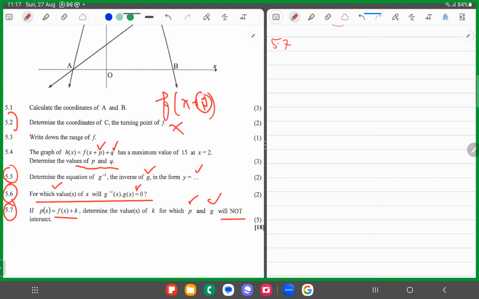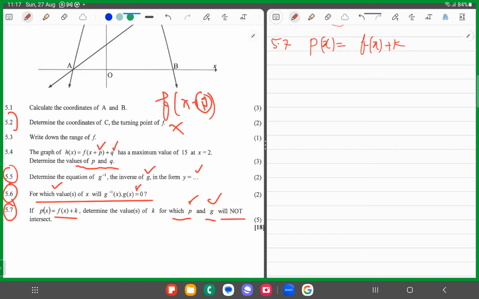Right, so to do this one, you have been given p of x is f of x plus k. This was given by the examiner. You have been given this, for which p and g will not intersect.